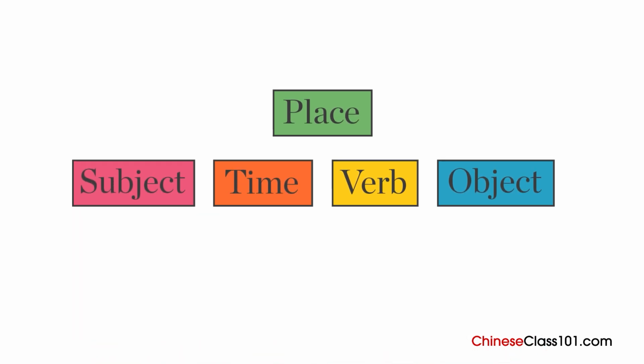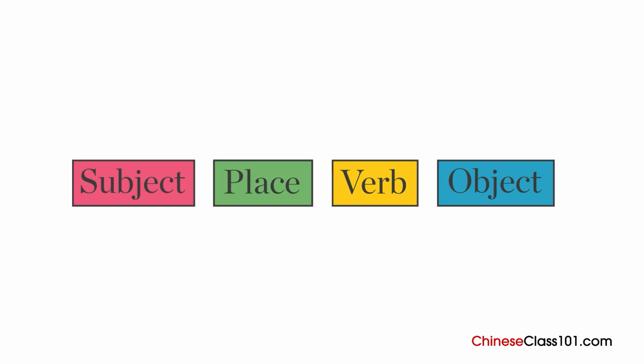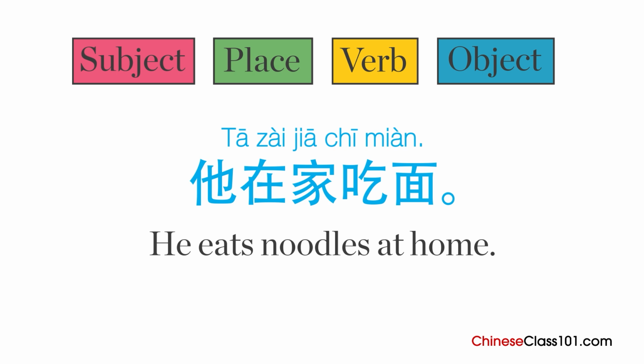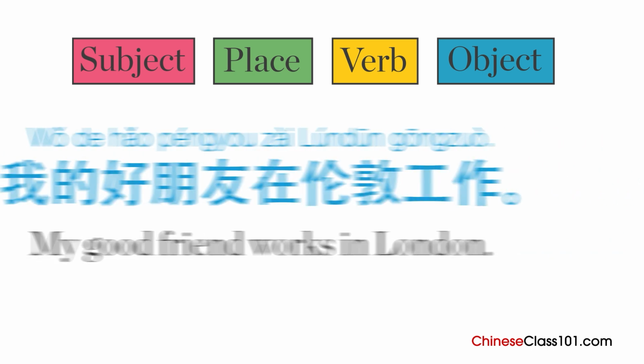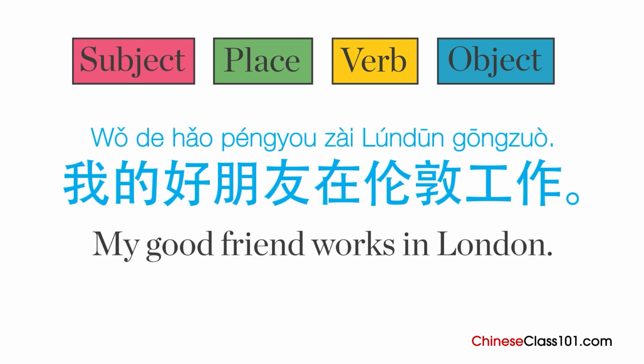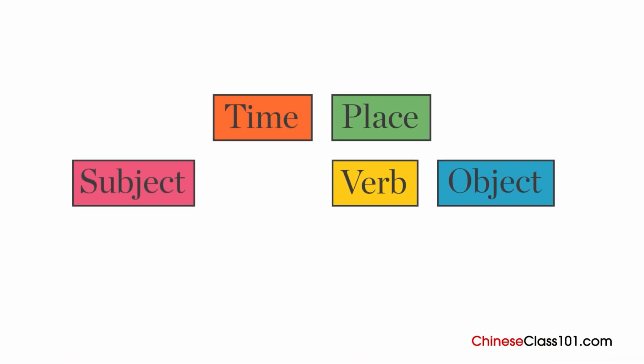If you want to add a place in a sentence, like where someone does something, you also put it after the subject, before the verb. Let's see a couple of examples. 他在家吃面. He eats noodles at home. 我的好朋友在伦敦工作. My good friend works in London. What if we have a time and a place at the same time?